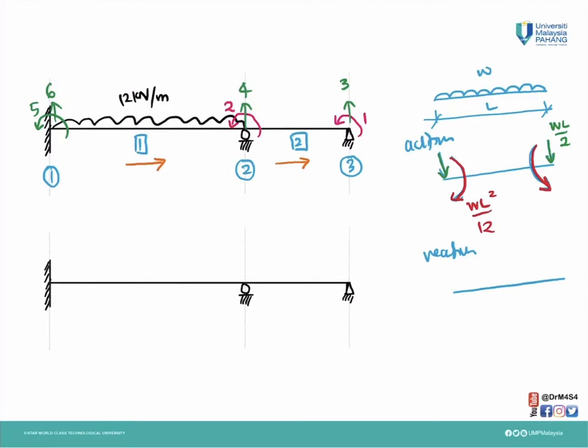So this is a reaction, same magnitude, WL over 2, and also the moment, same magnitude but different direction, WL squared divided by 12. Remember, the value we're going to put in your matrix, we're going to take on action.